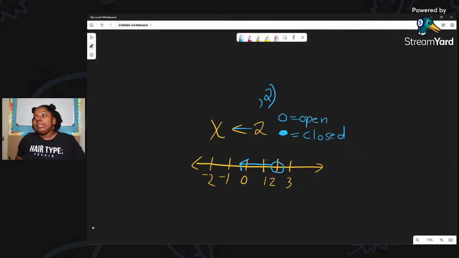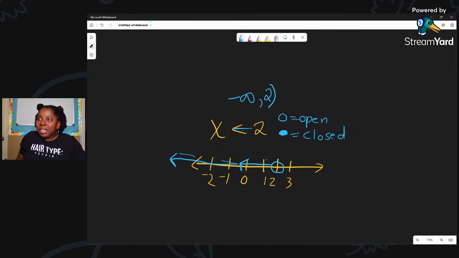Now, x can be all of the numbers that are less than 2. And that can go on forever and ever, like all the way to negative infinity, right? Because we're going to the left. And we don't know what number infinity is. You know, we really made it up. It's okay.